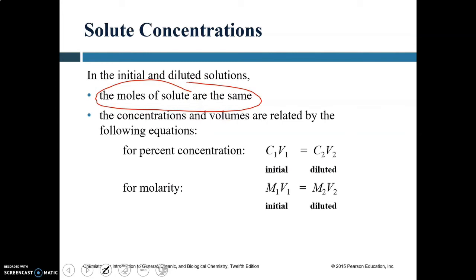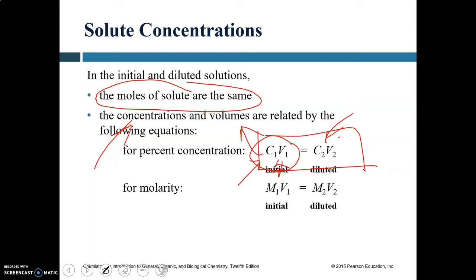What changes during dilutions are concentrations and volumes. For percent concentration, you can write this equation: initially concentration by volume product is equivalent to concentration by volume product after the dilution. The same can be written for molarity. You just need to replace the concentration in percent by the concentration in moles.